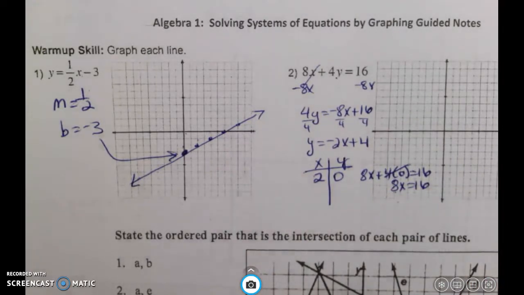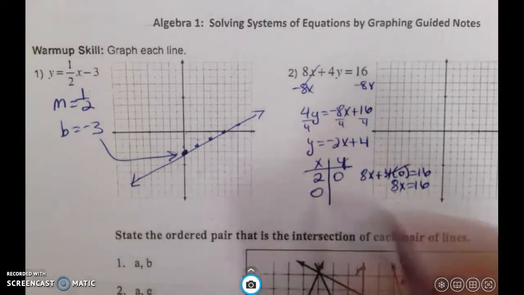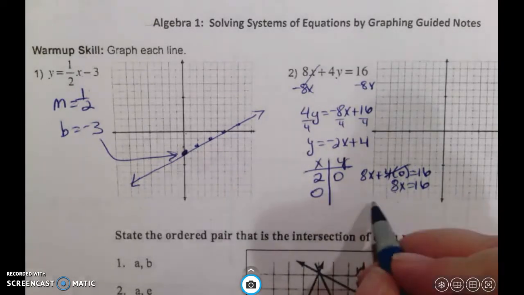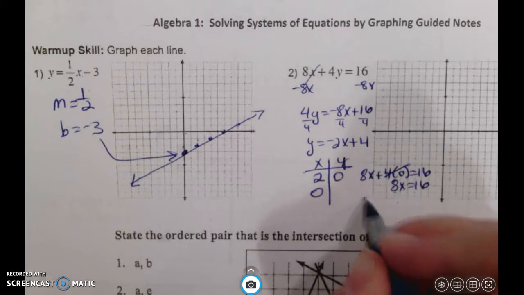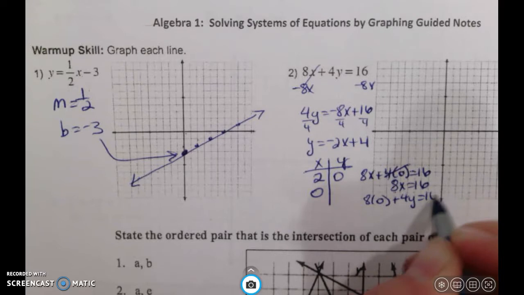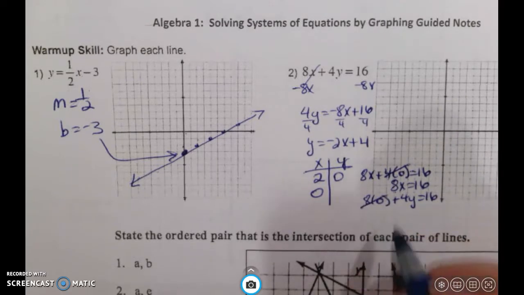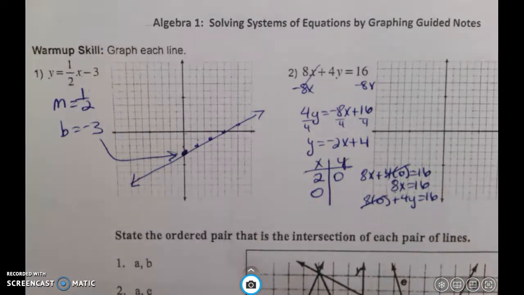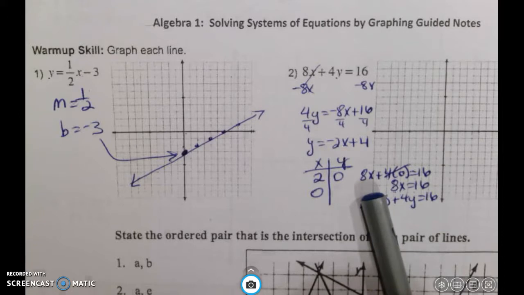If I want to find my y-intercept, I would put 0 in for x and do a similar idea. So I would have 8 times 0 plus 4y equals 16. Anything times 0 is 0, anything plus 0 is itself. That's why some people call this the cover-up method. When you want to find the y-intercept, just cover up the x term and solve for y.